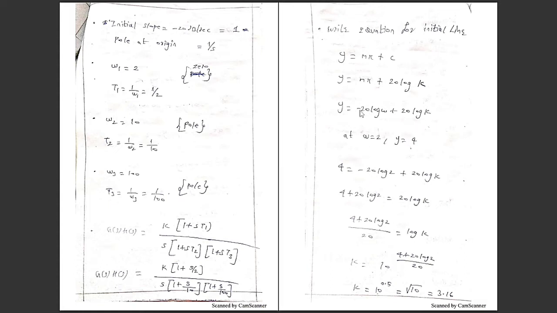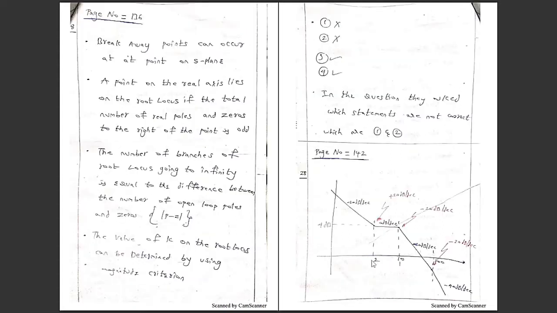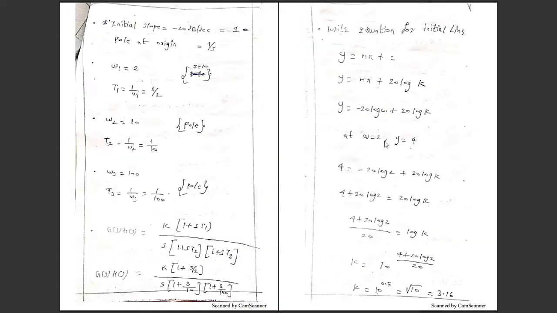See, I have already told you from the figure that at omega is equal to 2 we are going to get 4 dB. So I am going to keep this point: at omega is equal to 2, I want 4 dB. In place of omega, keep omega is equal to 2 and y is nothing but 4.